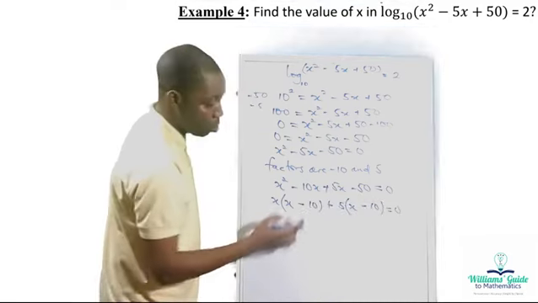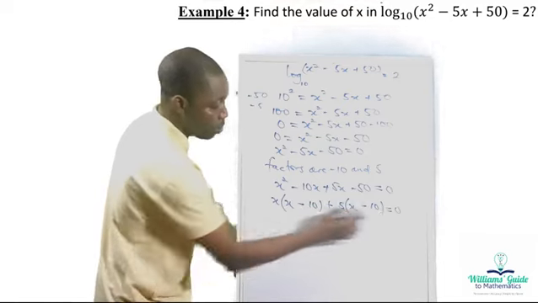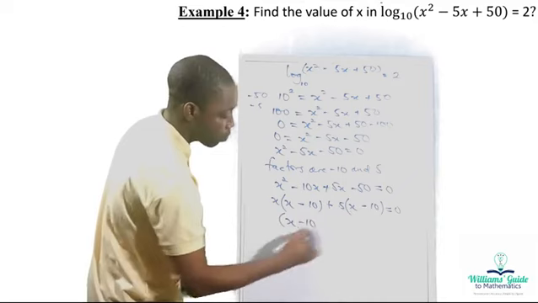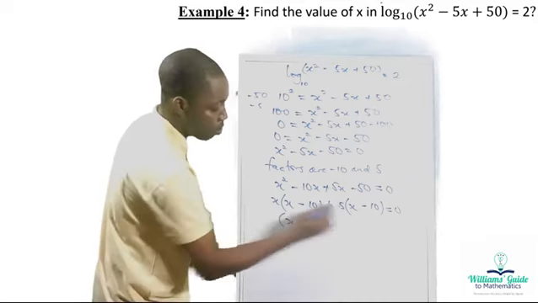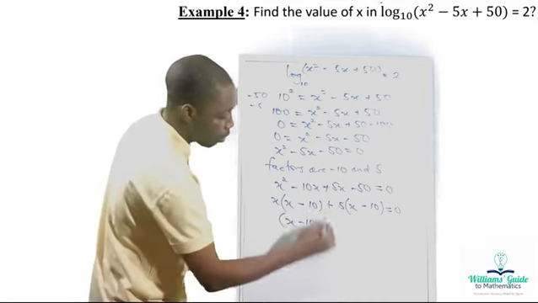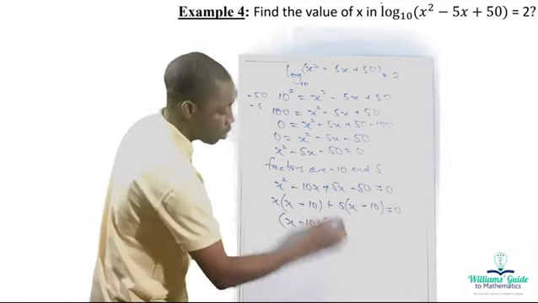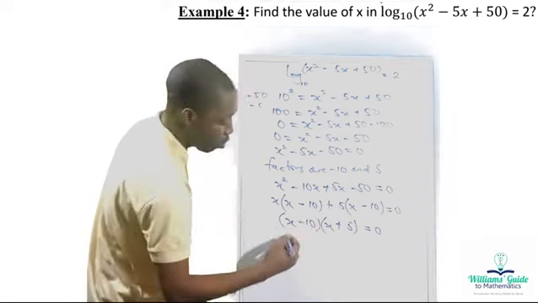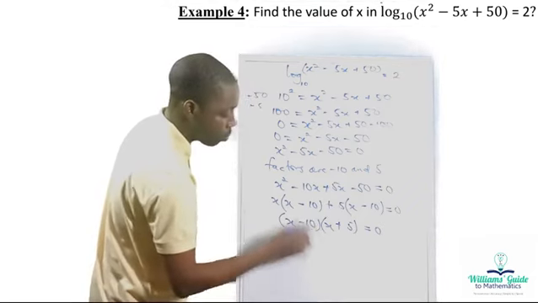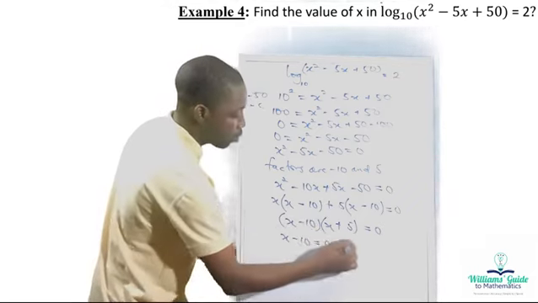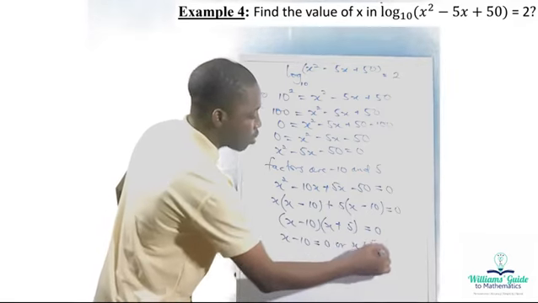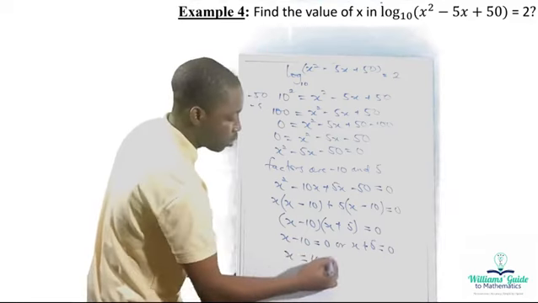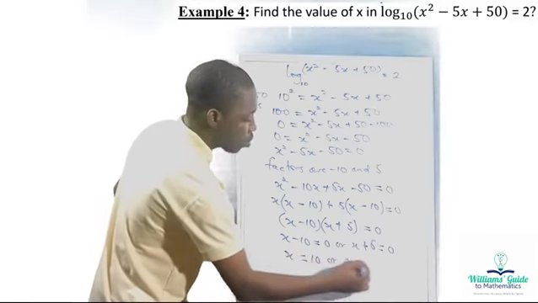Remember, for a quadratic equation, the brackets should have the same thing. So we can pick one of the brackets, which is x minus 10, and we pick the two terms outside the bracket, x and plus 5. So we conclude by saying x minus 10 equals 0, or x plus 5 equals 0. So we have x equal to 10 or x equal to minus 5.